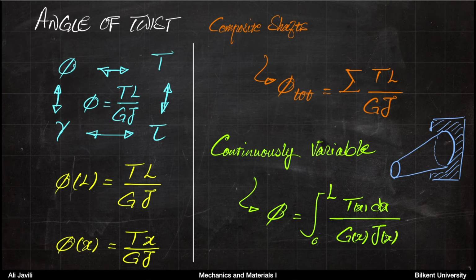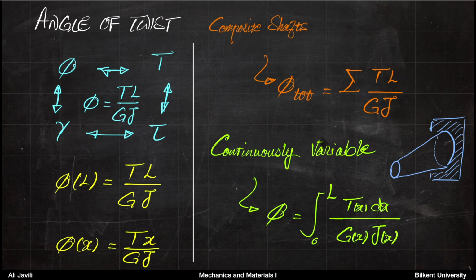You can also extend that to continuously variable shafts, where the angle of twist phi would be the integral from 0 to L of T(x) dx divided by G(x) J(x). Okay, so you have everything that you need to know for angle of twist, and from that you can solve the problems that come forward in these scenarios.